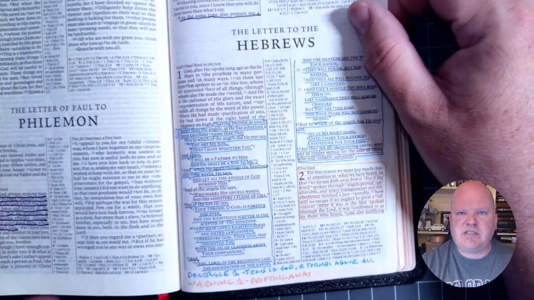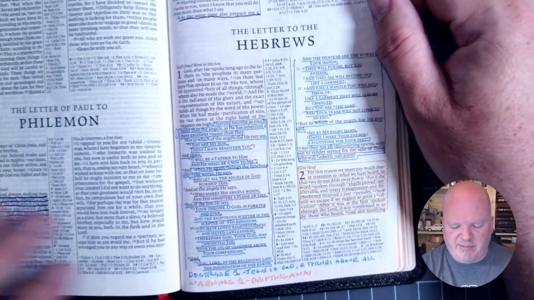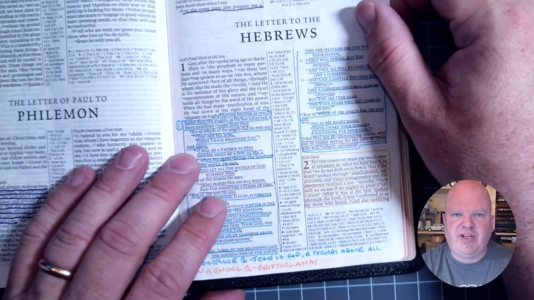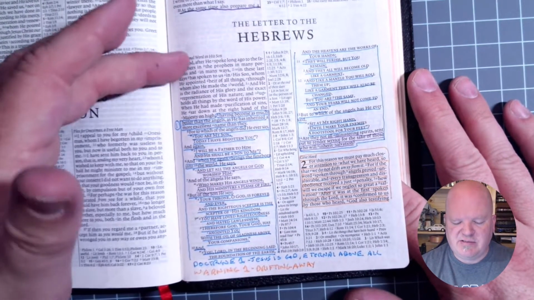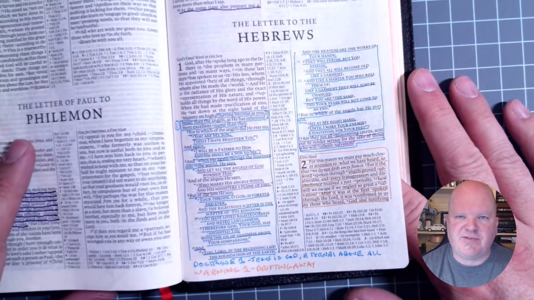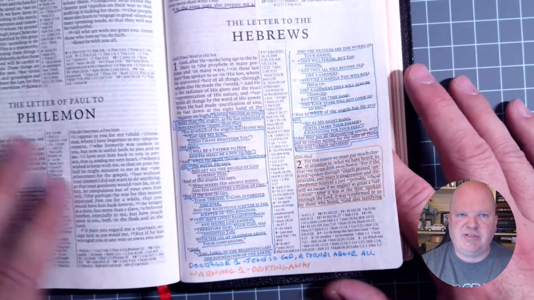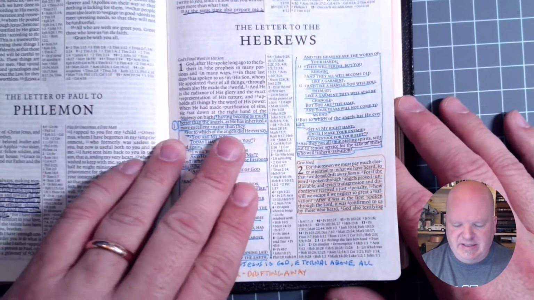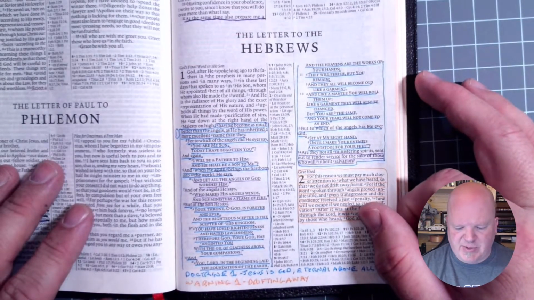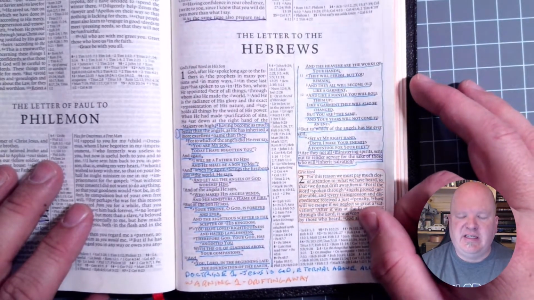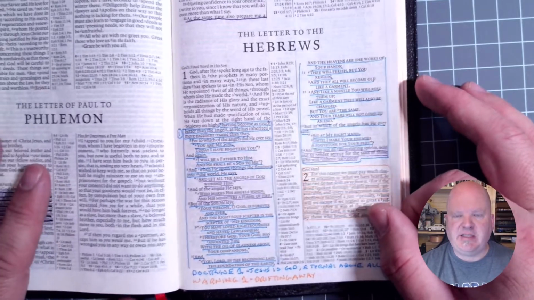So in this short introduction, we're going to talk about the structure of the book of Hebrews. For sure, numbers like chapters and verses were all added much later than when this book was written. So some of the structure appears to fit the chapters, but some of it does not.